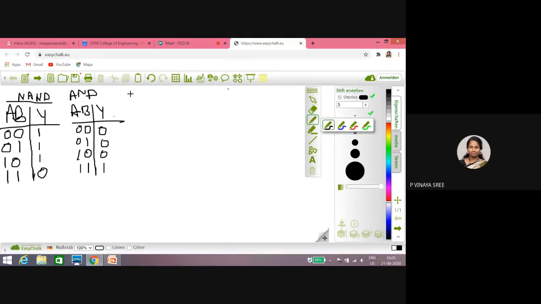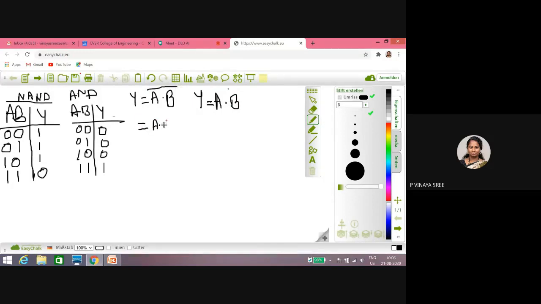The output for NAND is A into B whole bar. For AND it is A into B. From this you have to get this. So easy, right? If you do complement, what will you get finally?